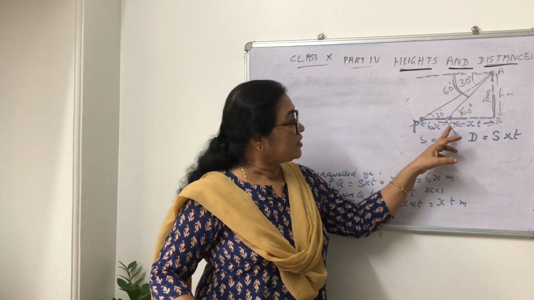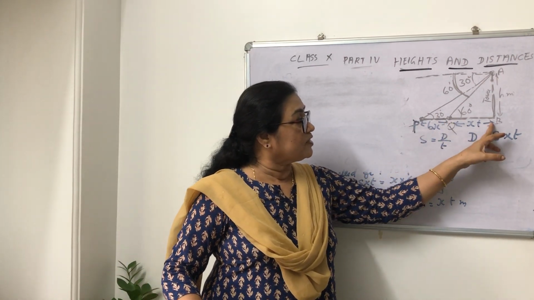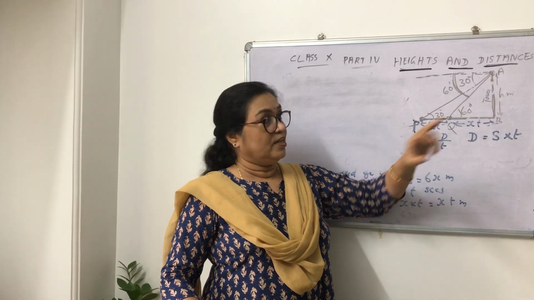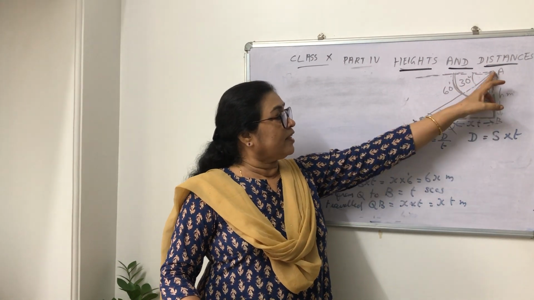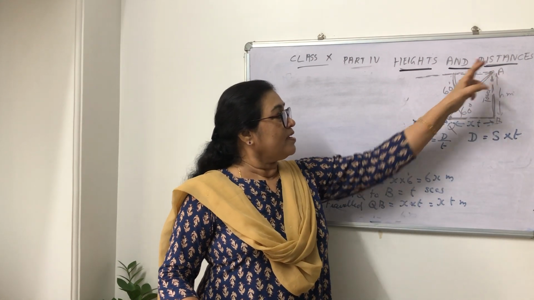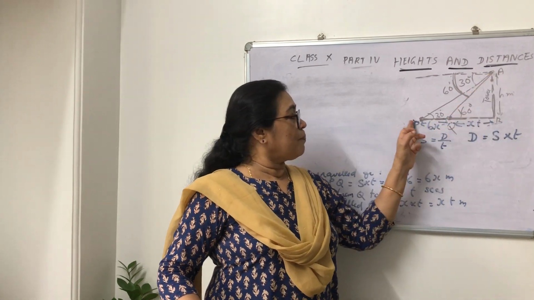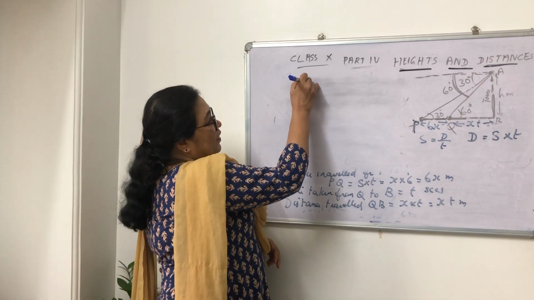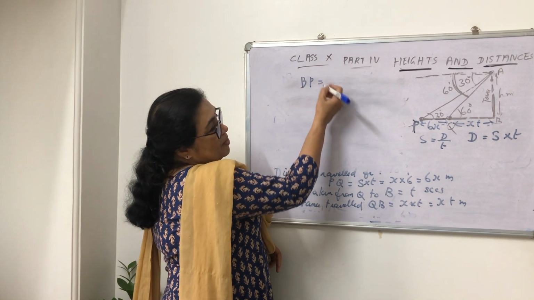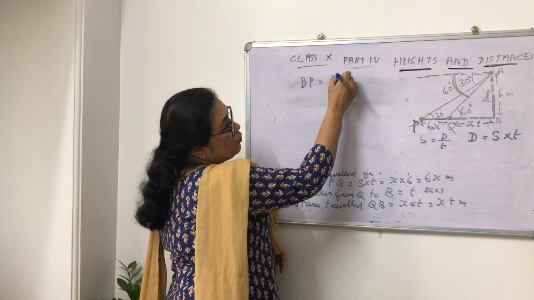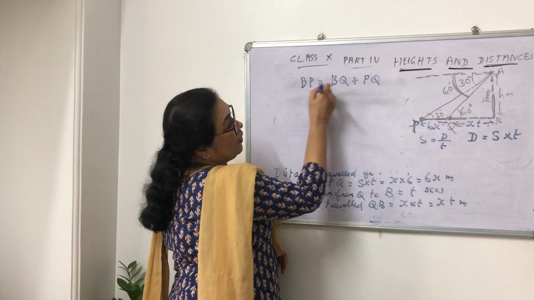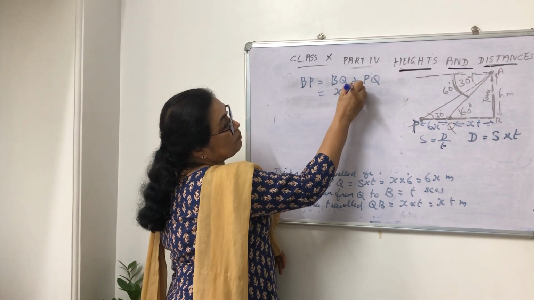Look here, this distance is PQ, this distance is xt, this is h. So we are getting two right angle triangles, one is ABP, another is ABQ. BP is BQ plus PQ, that is xt plus 6x.